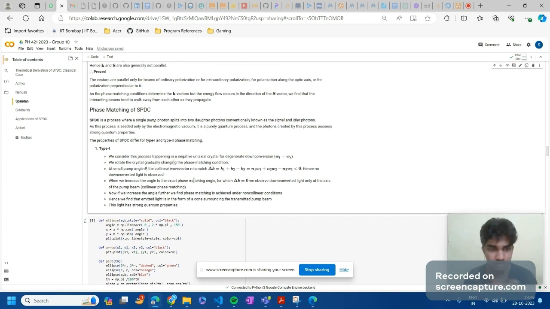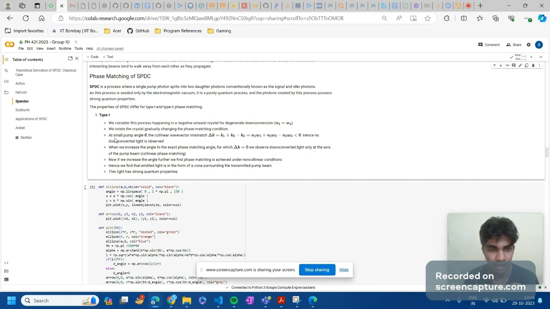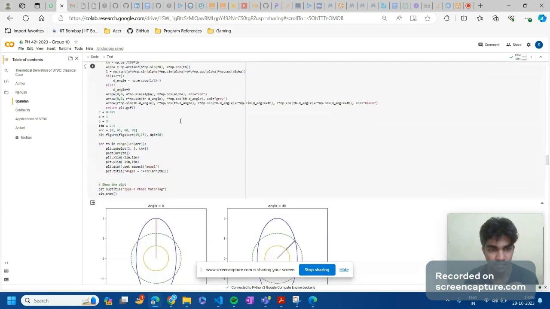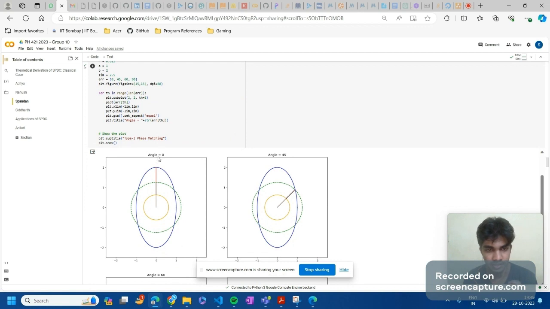At the start, when the angle is equal to 0, where the angle refers to the pump angle, which is the red line here, the wave vectors of the signal and the idler cannot add up to give us the pump wave vector, and because of this no down-converted light is observed.